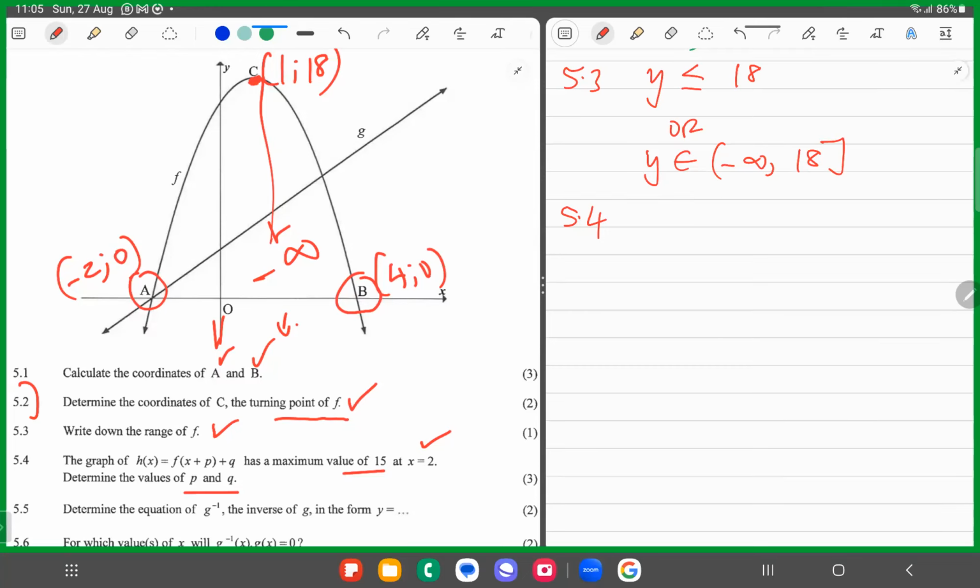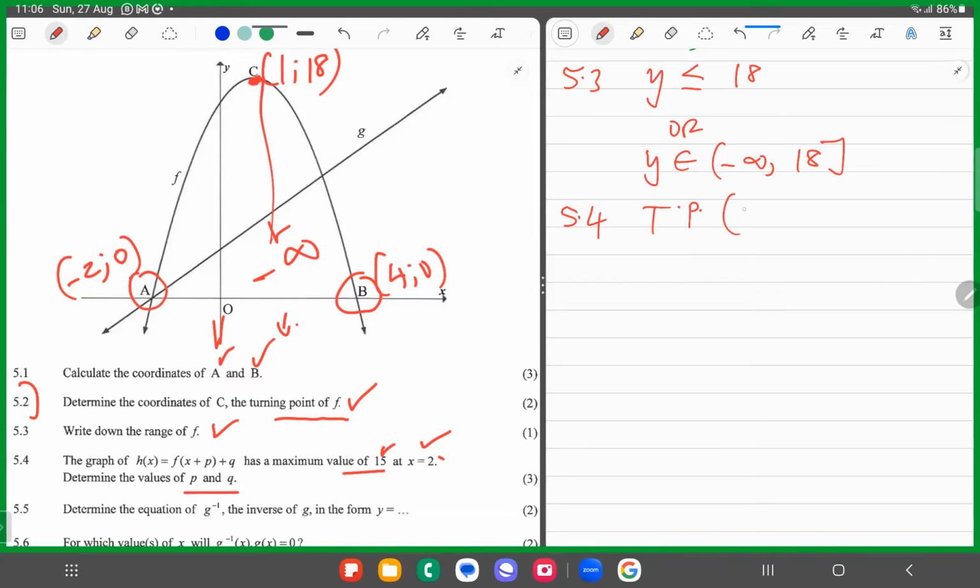Right, so to do this one is very, very straightforward. We are told that this one has a minimum value of 15 at x equal to 2, and then we just need to find the values of p and q. So in other words, we have the turning point.